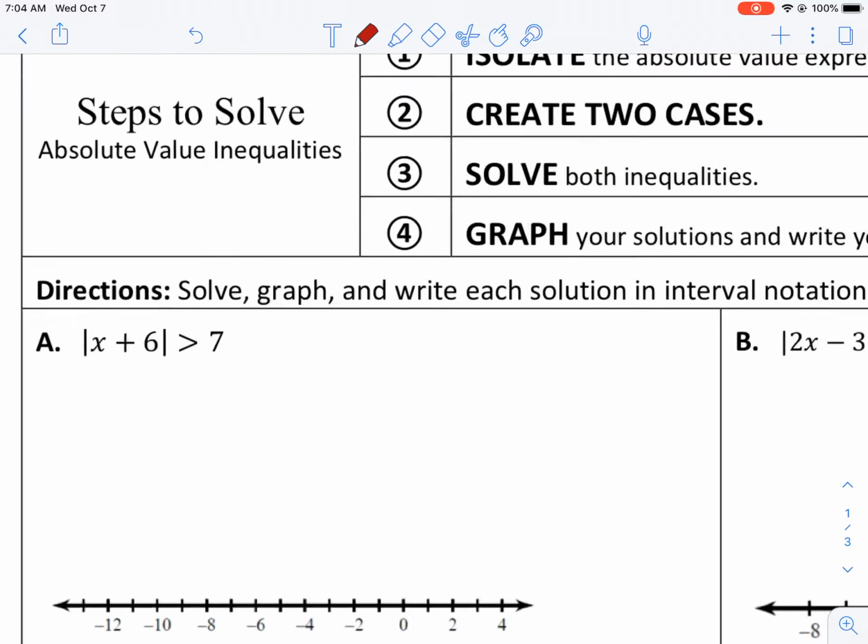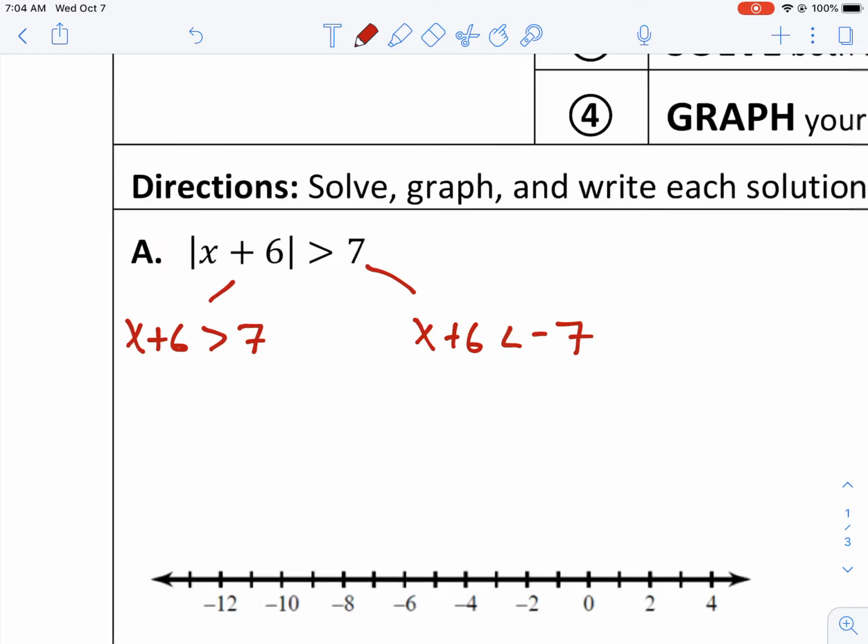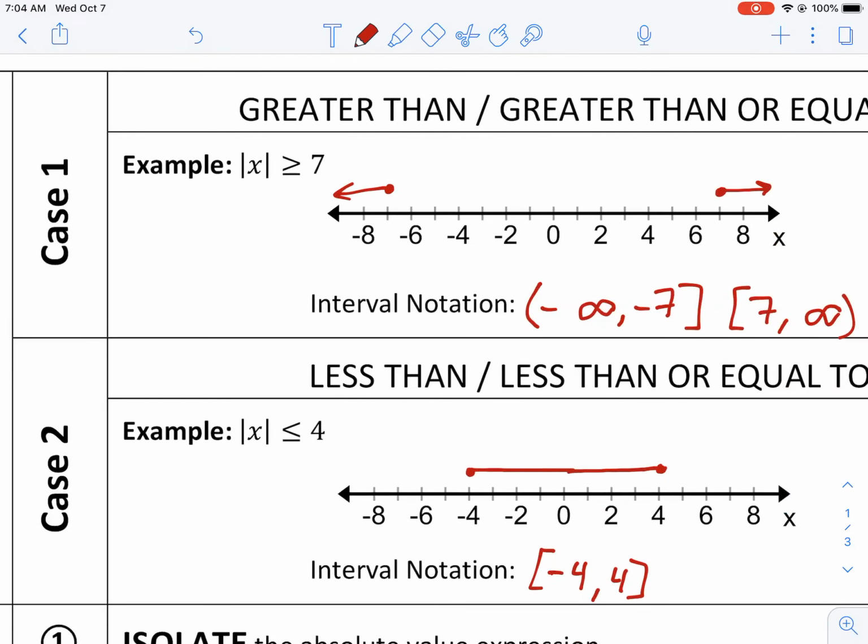So the thing about the inequality, all right, when you create your two cases, so the first case, the positive case, is the easy one, all right? It's always just going to be whatever you see. However, when you do your negative case, all right, you actually have to flip the inequality sign, all right? We want to be less than negative 7. This is kind of for the same reason as above, right?